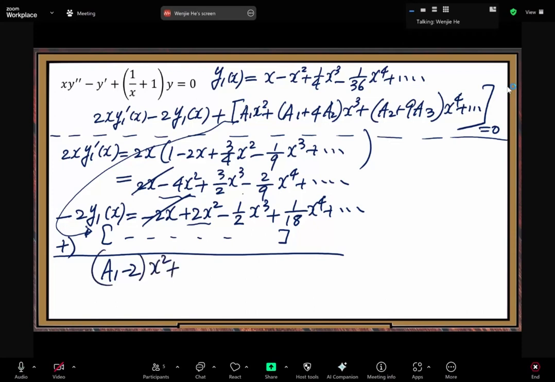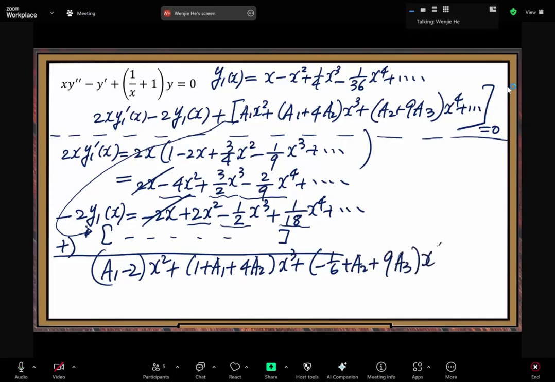The x cubed term: positive 1 plus A1 plus 4 A2 x cubed. Then the last term, adding together, negative 3/18, that's negative 1/6, plus A2 plus 9 A3 x to the 4th.